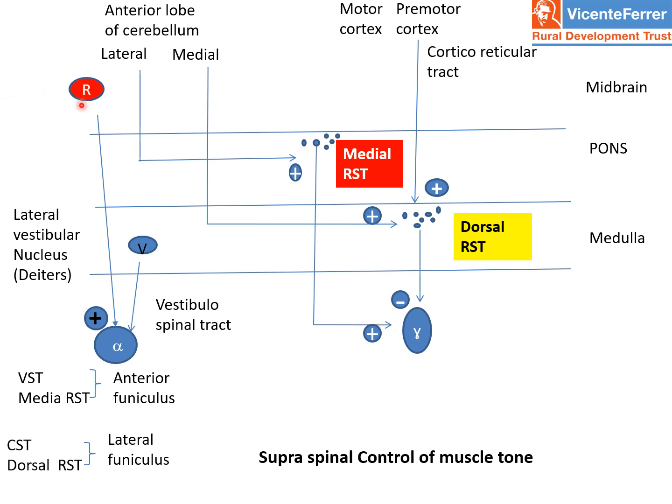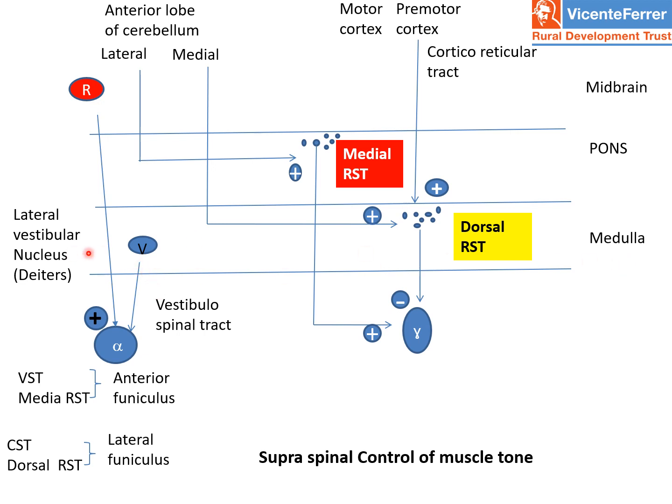Similarly, from the red nucleus, they will have a rubrospinal tract, which will have more impact over the alpha motor neurons than the gamma motor neurons, and that too, this rubrospinal tract supplies flexors of the upper limbs, not the lower limbs. Why? Because the rubrospinal tract will be ending only up to the thoracic level, not beyond that.